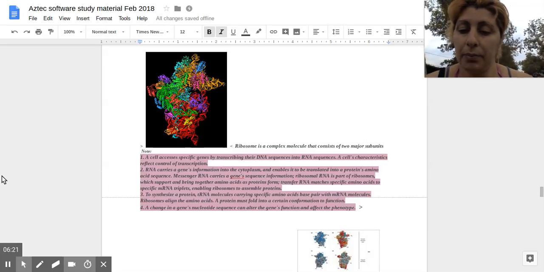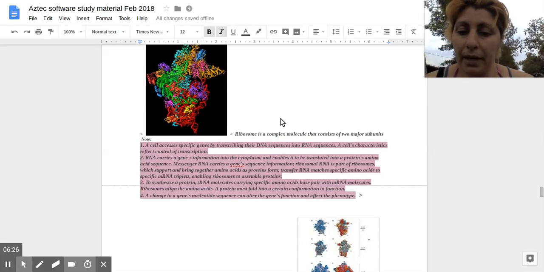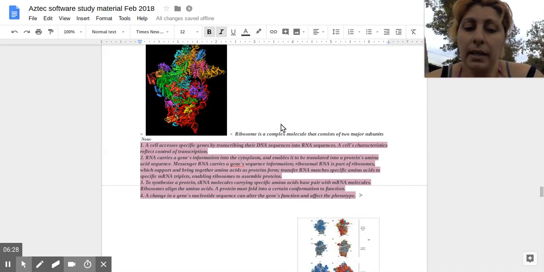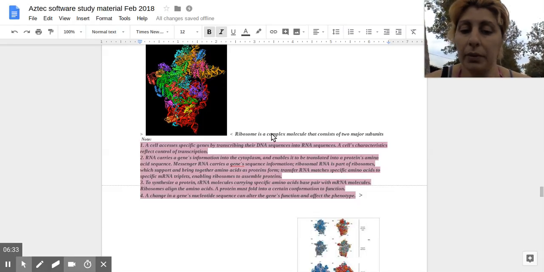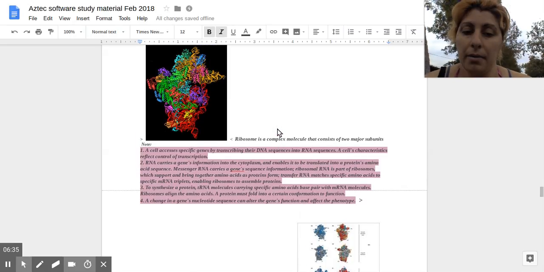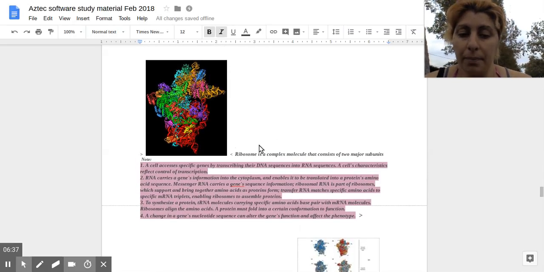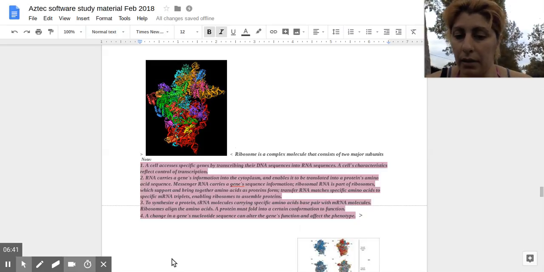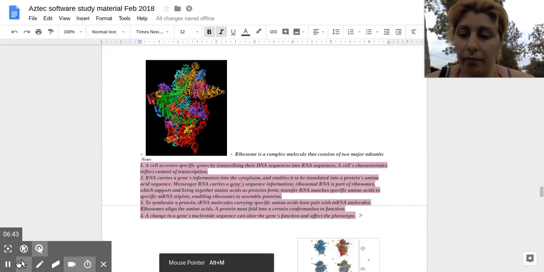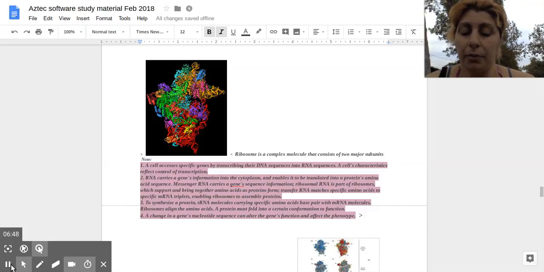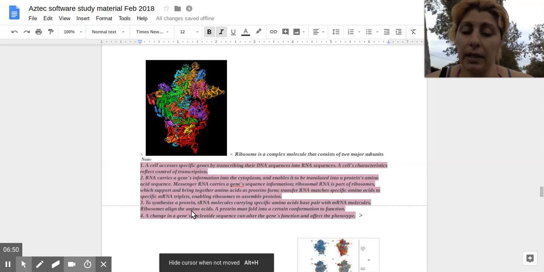To synthesize a protein, tRNA molecules carry amino acids, which pair with complementary anticodons to codons, and from the tRNA to mRNA, ribosomes align the amino acids.